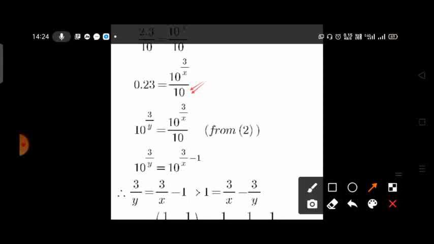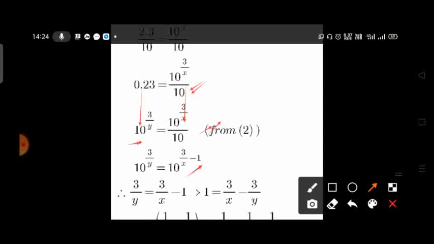So 10 power 3 by y is equal to 10 power 3 by x by 10, the same I have written here. So 10 power 3 by y is equal to 10 power 3 by x minus 1, because in exponents there is a formula: a power b by a power c is a power b minus c.